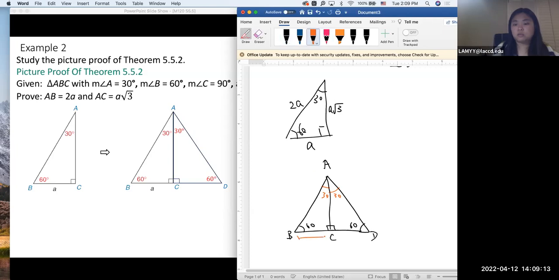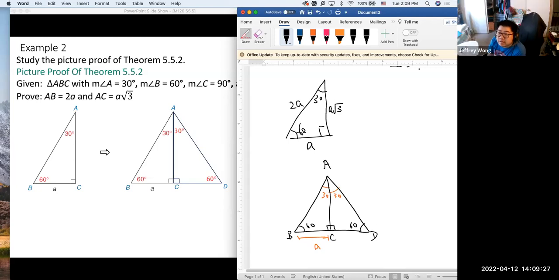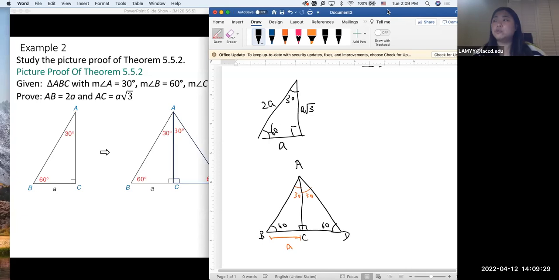Okay, so I know this side here, BC will be equal to A. First, I want to know what type of triangle ABD is. Equilateral? What does equilateral mean? I mean equiangular.